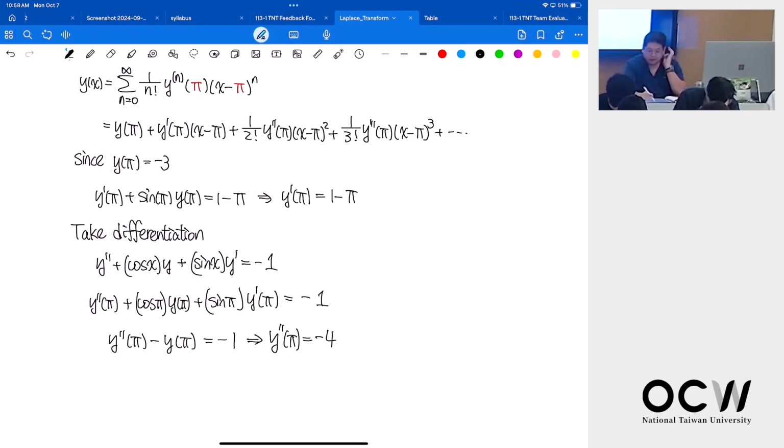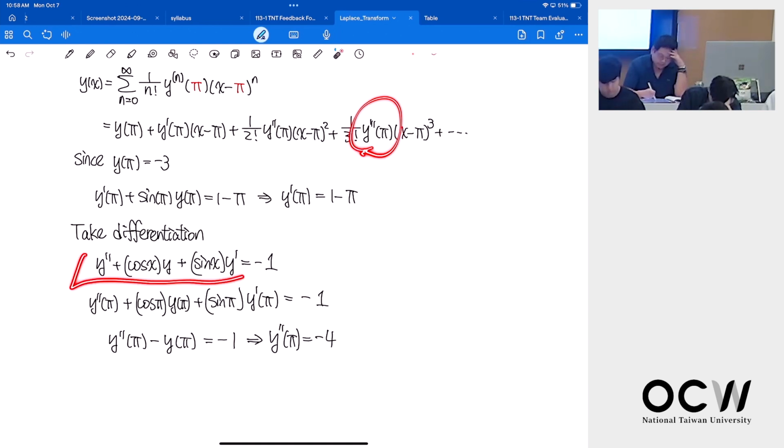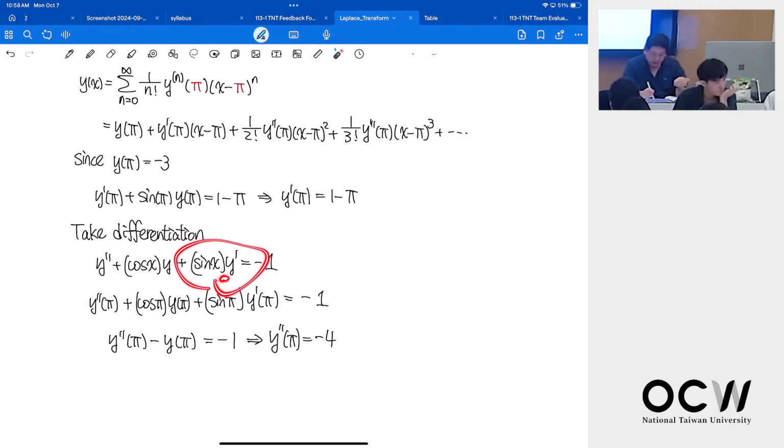Alright. Then to find y triple prime of pi, take the derivative of this equation. Then you'll get y triple prime plus cosine x y, they'll have minus sine times y and cosine x y prime. And similar for here, and the right hand side will be 0.